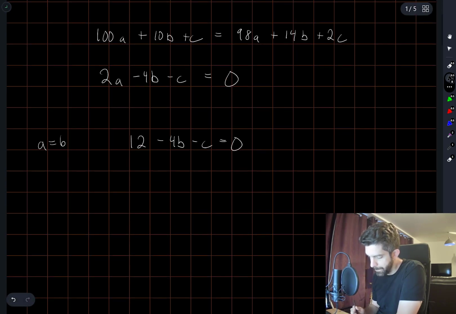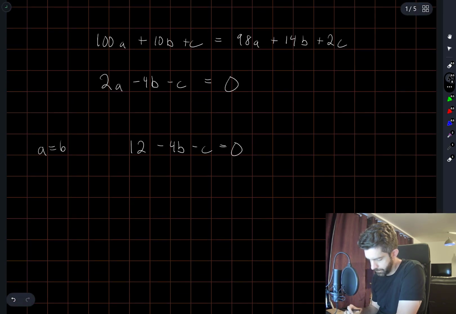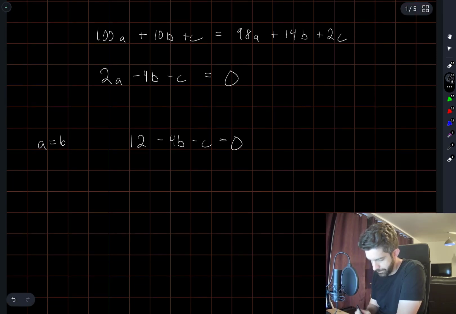Now the largest B can be, if I still need this thing to work out, is if B is equal to 3 and C is equal to 0, then we're done. This will work.